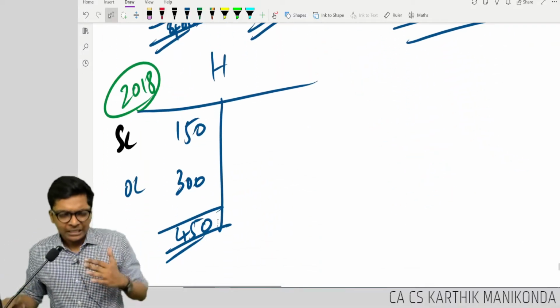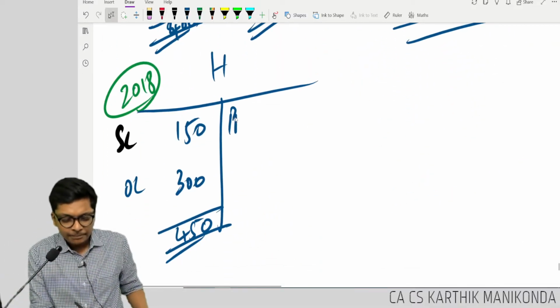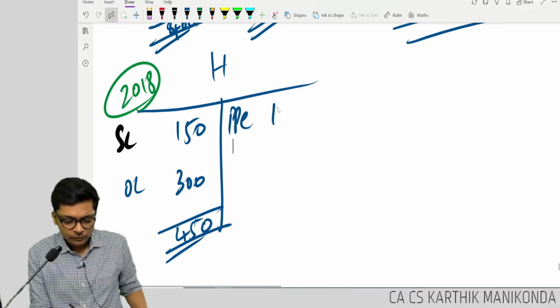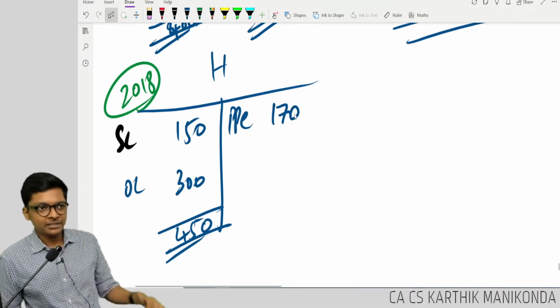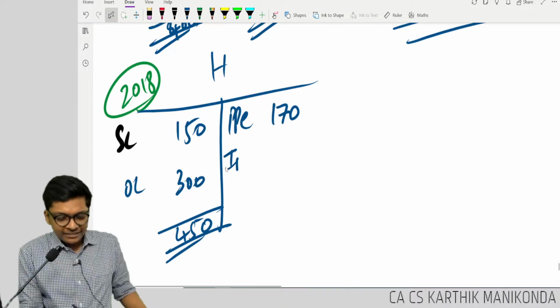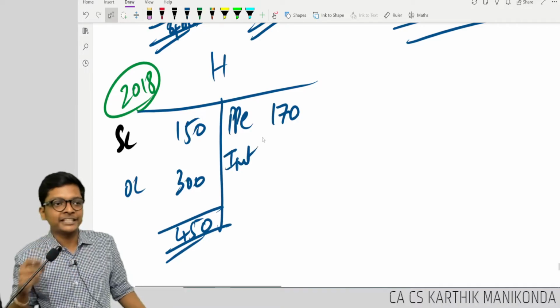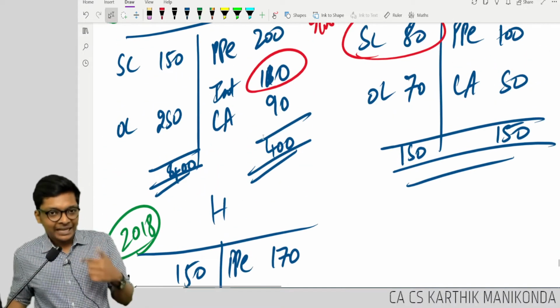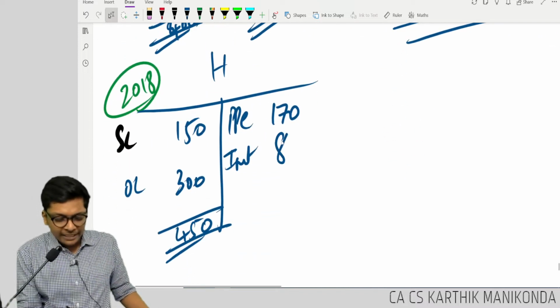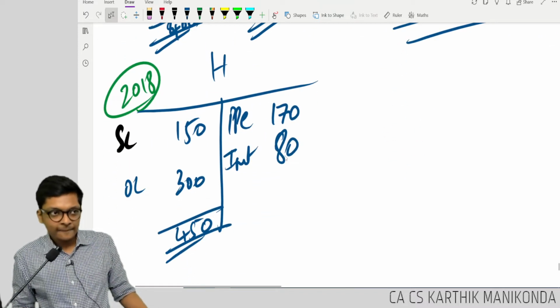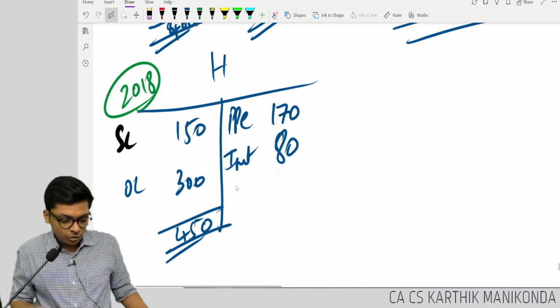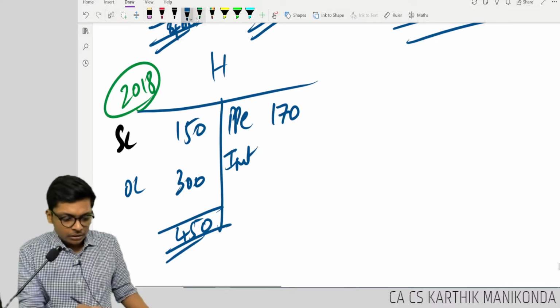Come down. Later, after 3 years, PPE is let's say 170, random numbers. Investment, will it be the same or it will change? Same. I invested 80, it is going to be 80. Sorry, 110, you are right, 110.